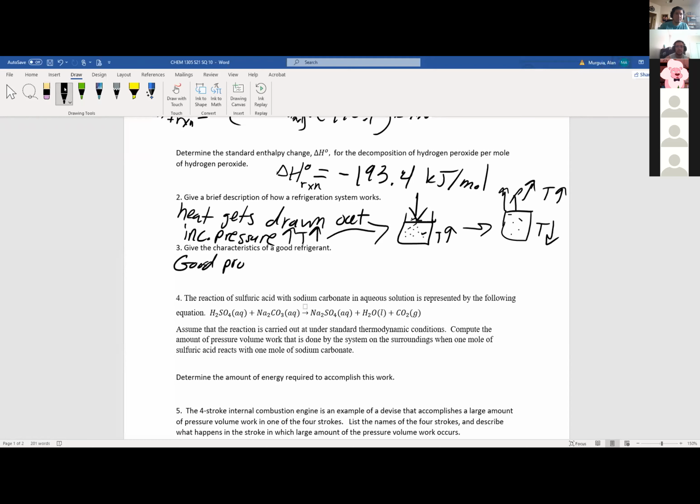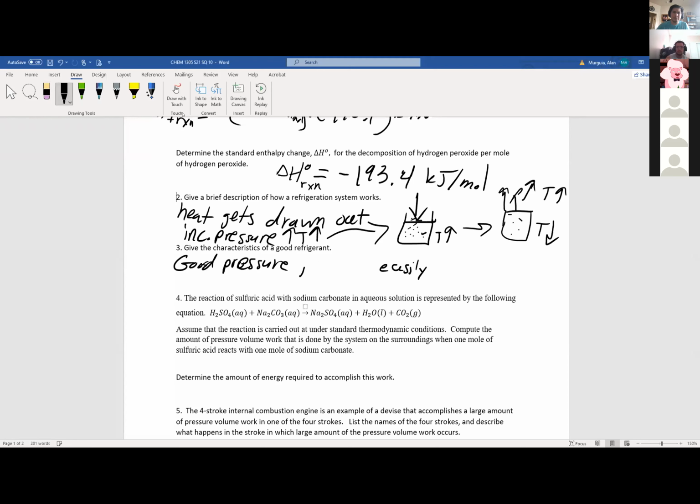Exactly, a gas that can be liquefied with pressure. If we were to take something like air, it is very hard to make liquid, even with high amounts of pressure. It's very difficult to make it into a liquid, right? So we want a gas that's easily compressed into a liquid.